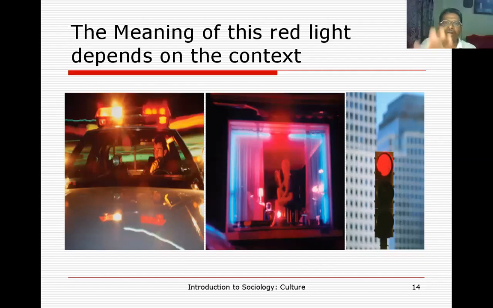And if you have a different type of red light there, you understand it's a red light area, a prostitutes' area, and police having a red light. So it's a way of culture. The color gives a different meaning in different contexts, different places.